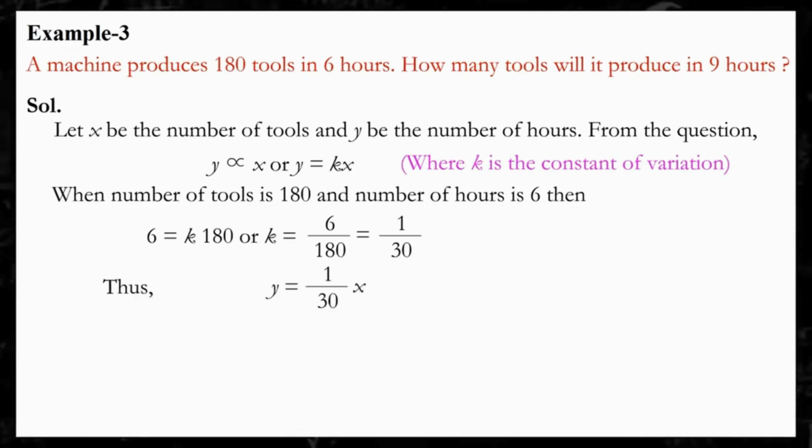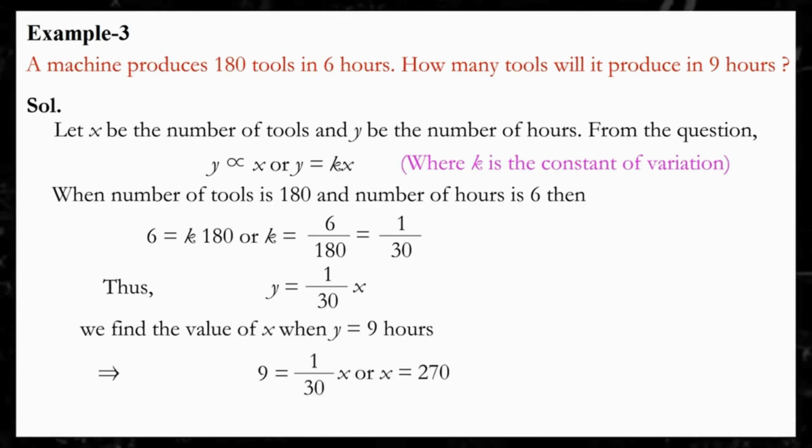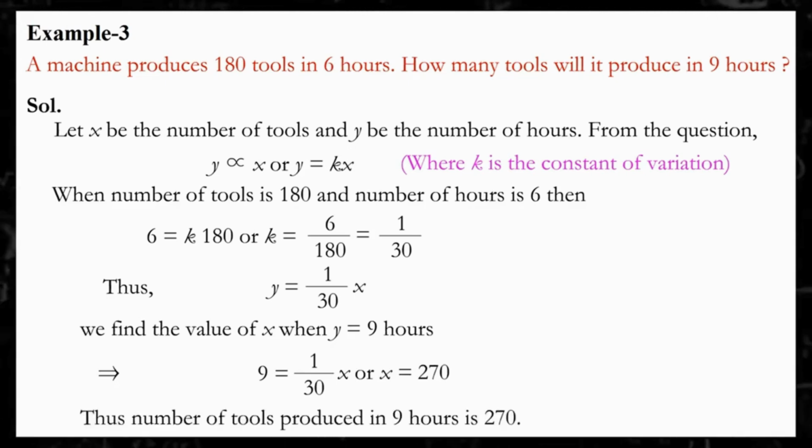Thus, Y is equal to 1 upon 30 into X. We find the value of X when Y is equal to 9 hours. This implies that 9 is equal to 1 upon 30 into X, or X is equal to 270. Thus, number of tools produced in 9 hours is 270.